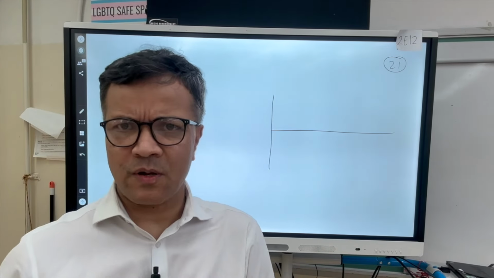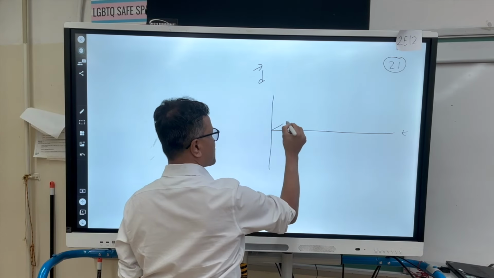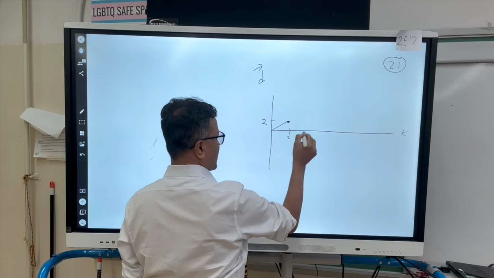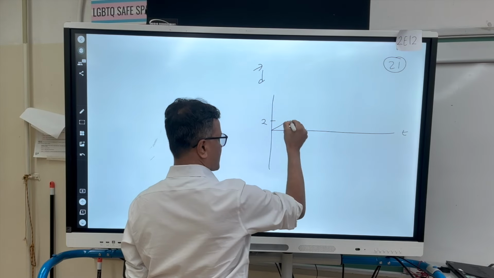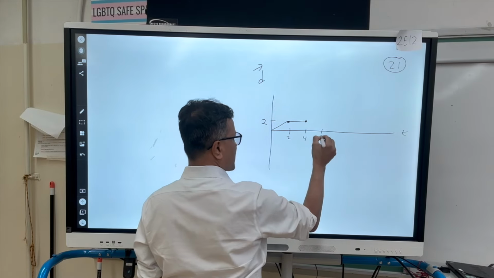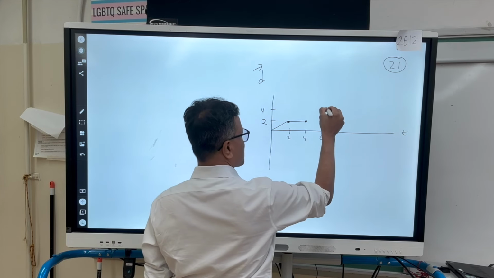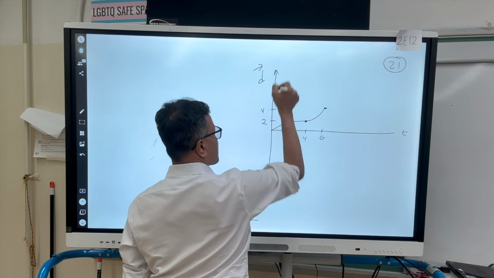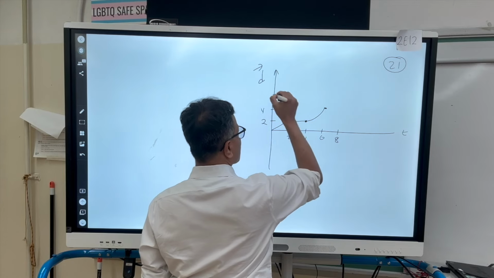So let's go over this problem. Let's consider a dt graph. Past 2 seconds, the object moves 2 meters. Next 2 seconds, the object moves 0 meters. Next 2 seconds, the object moves an additional 2 meters. So that means the object is speeding up. Next 1 second, the object slows down to 0.